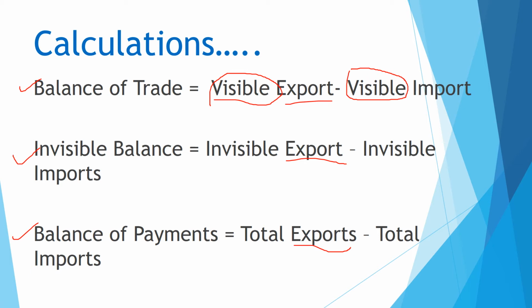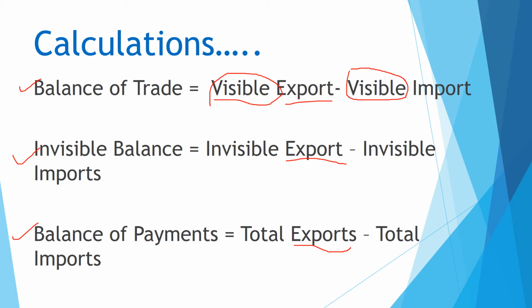So the difference between the value of goods a country imports and exports is known as the balance of trade. And because goods can be seen, they are collectively called visible. That's why balance of trade deals with visible figures only.